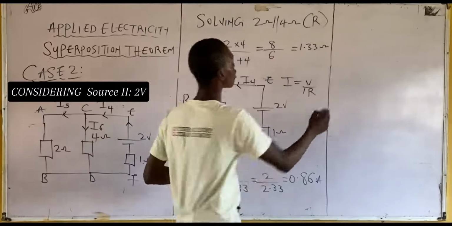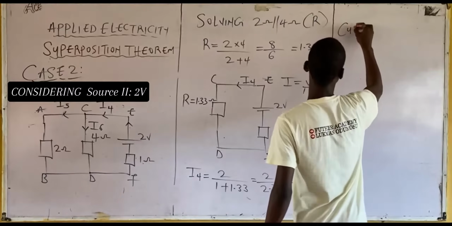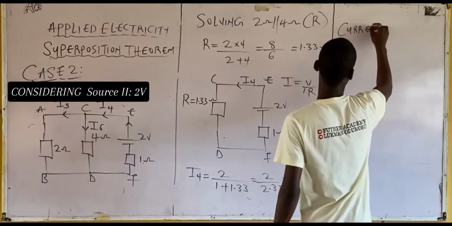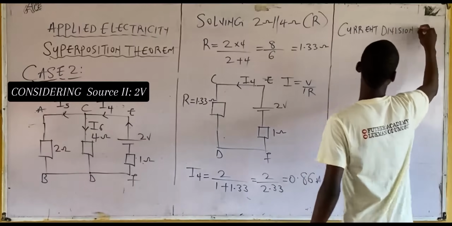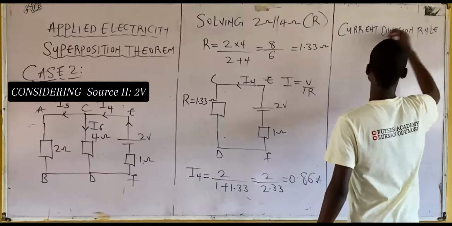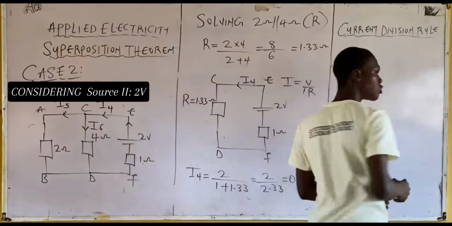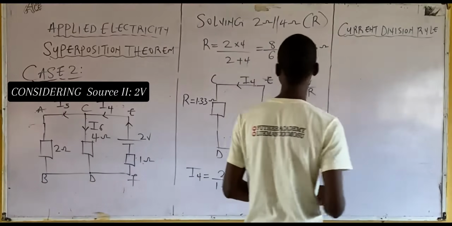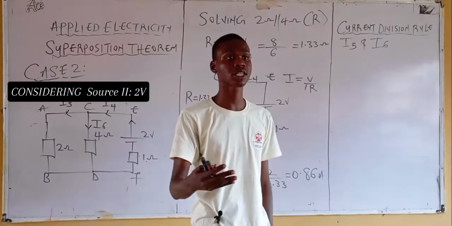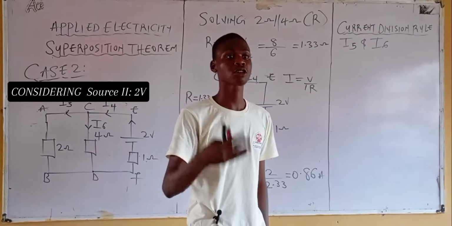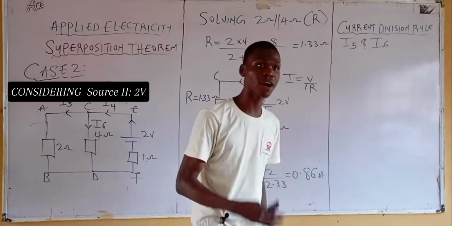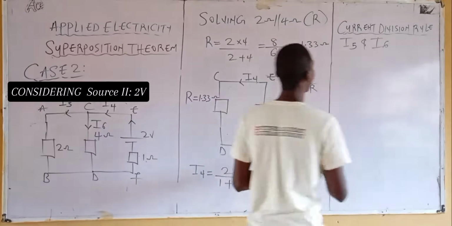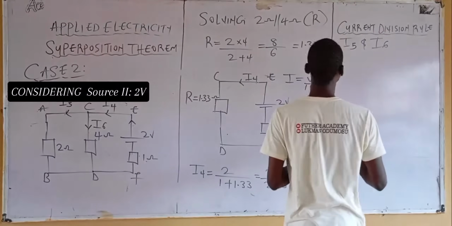Now let's apply the current division rule. We also have the voltage division rule, but for the current division rule, what's the next step? Use the current division rule to get the value of I5 and I6. Now let's solve for I5.